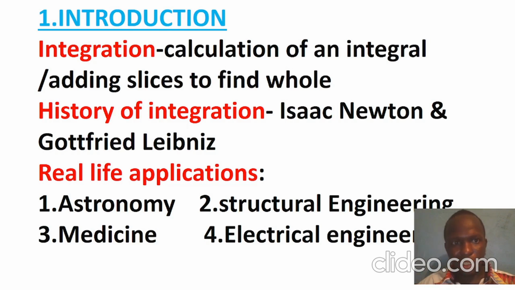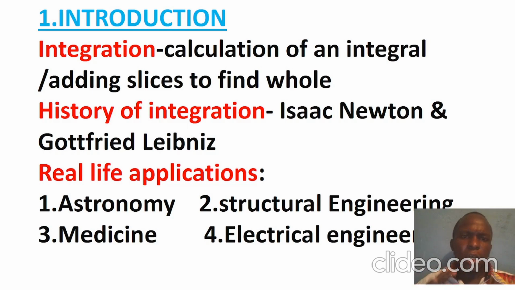You realize that when you are finding a differential function, or rather a gradient function, you have an original equation. Now in integration, we take that gradient function back to the original equation. We want to create an equation out of a gradient function.